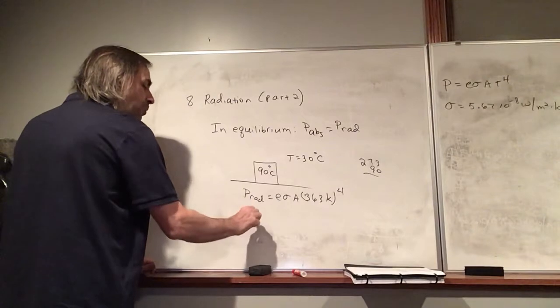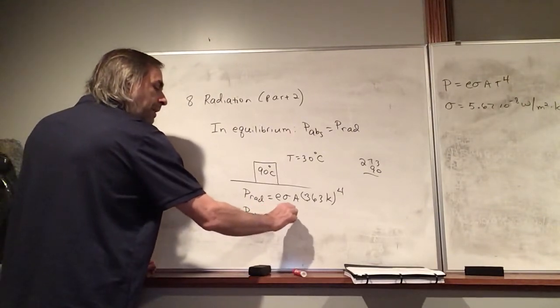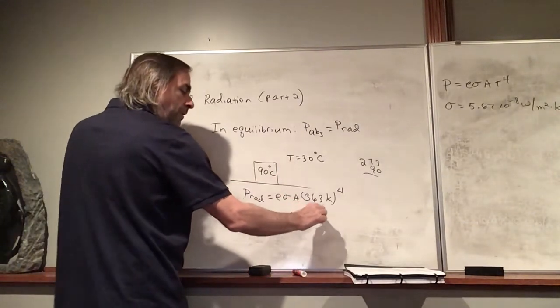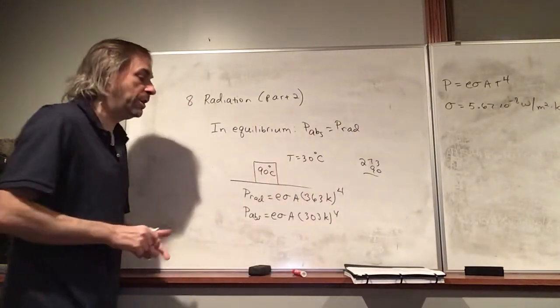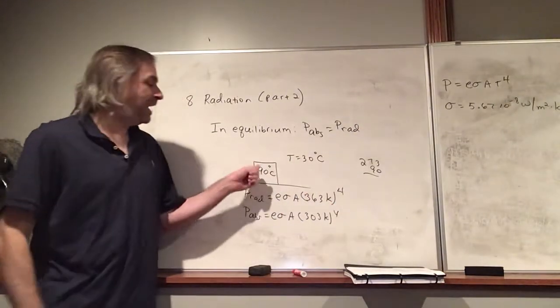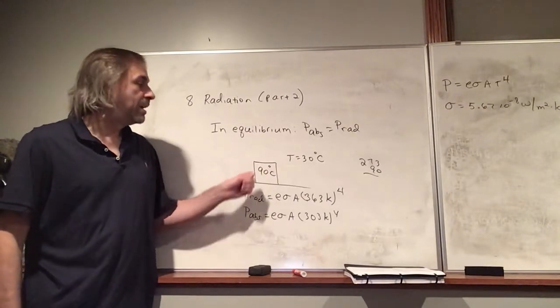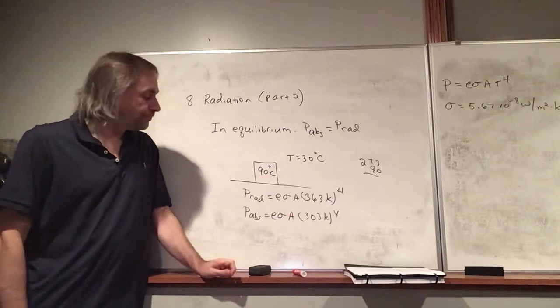However, what it's absorbing would be E sigma A times 303 Kelvin to the fourth. We use room temperature because if this object was at room temperature, it would be in equilibrium, so it'd have to absorb at this temperature.